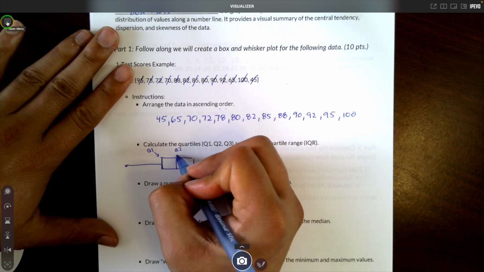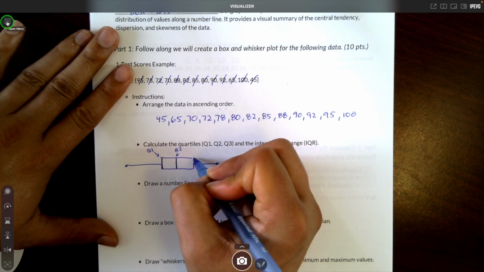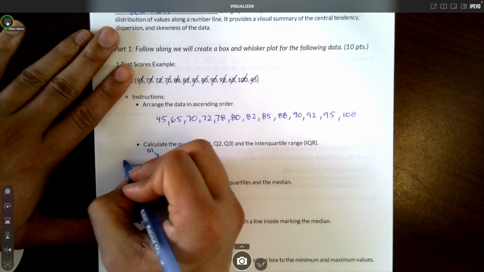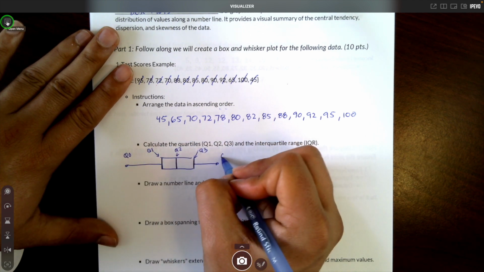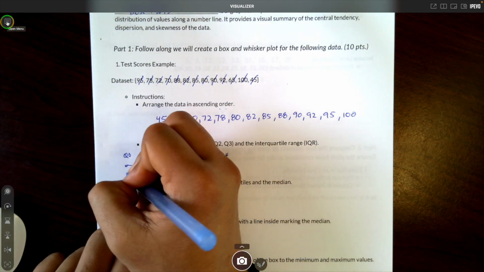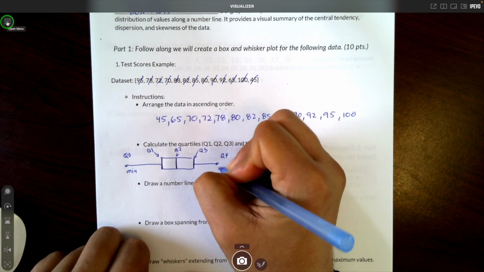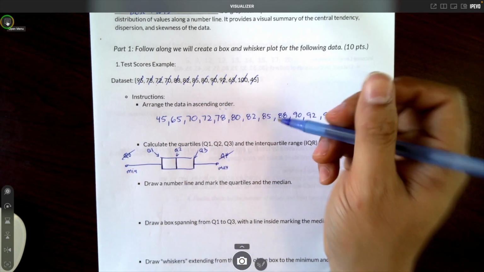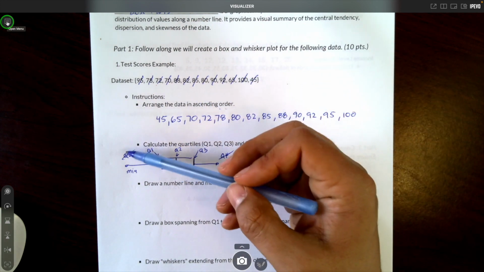Q2 is this one right here. And Q3 is this one right here. This one's technically Q0 and this one's technically Q4, but no one ever calls those. They just call them the minimum and the maximum. If you want to be cool, you can say Q0, Q4.